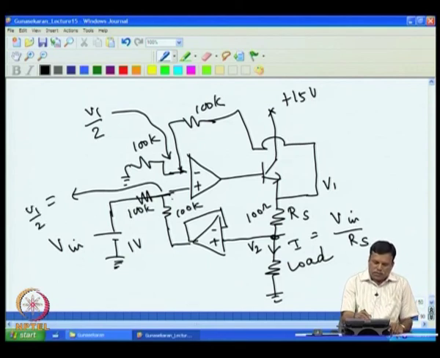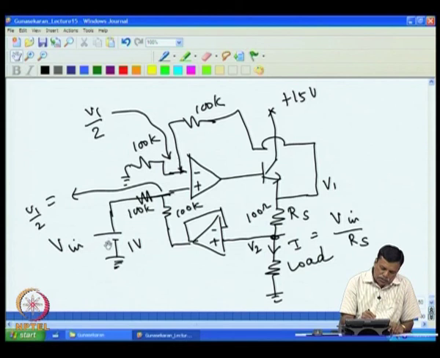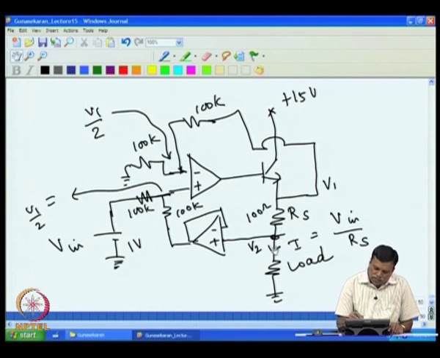But then what is the voltage at this point? Because there are two contributions for the voltage at this point. One is from this input, another is from this point. If some current I is flowing through this, then we will say the voltage is V2. So, what is V2?